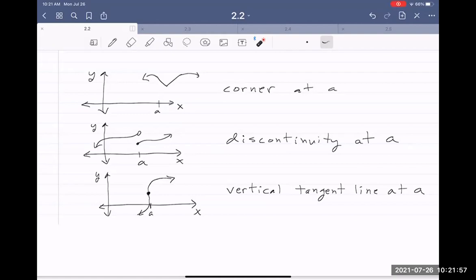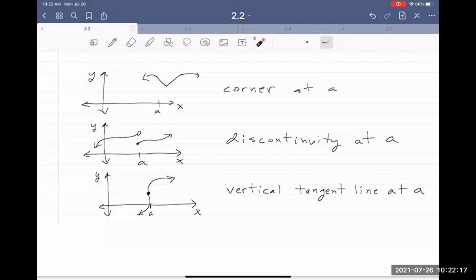Now, of course, there are lots of other ways that you can be not differentiable, but you can't draw them. So these are the types of non-differentiability that I can draw, and there are other types that can't be visualized.